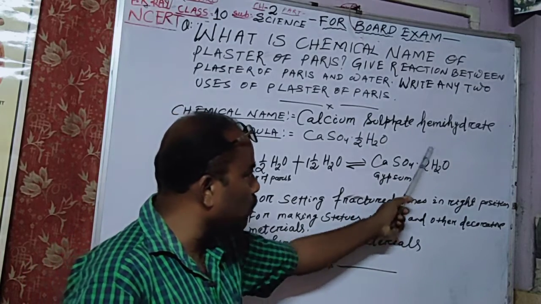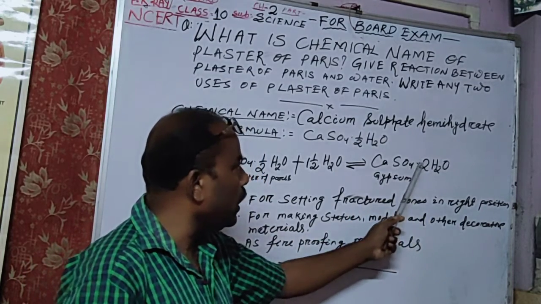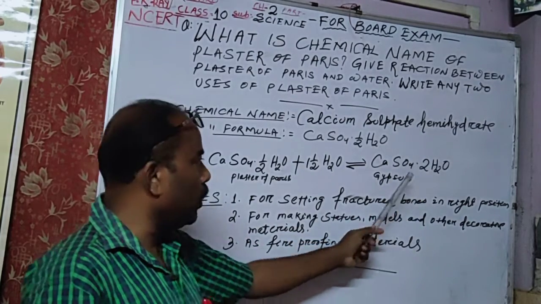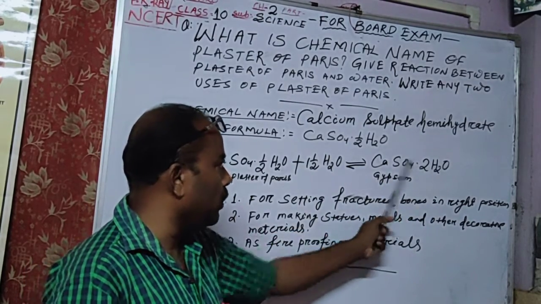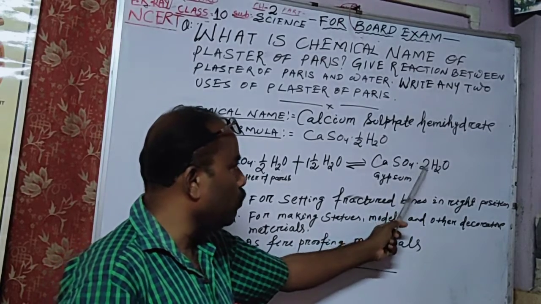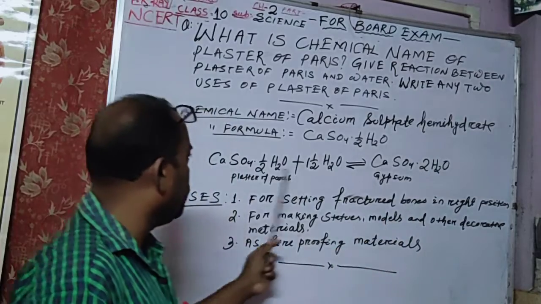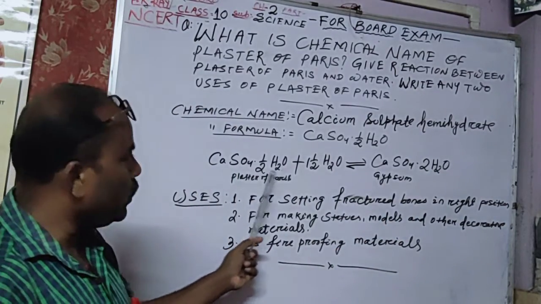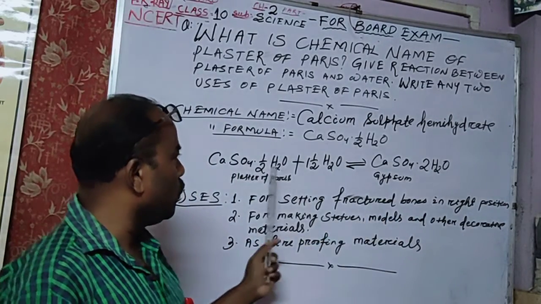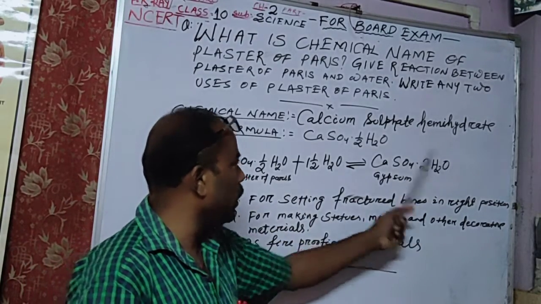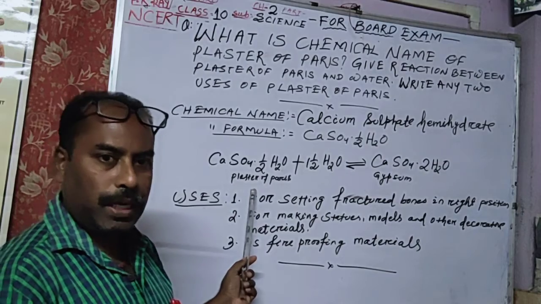From 2H2O, 1.5 H2O will be evaporated, will be lost. Then what will be left? Half H2O will be left. That is, CaSO4 dot 2H2O will now become CaSO4 dot 1 by 2 H2O, which is half H2O. That will be called plaster of Paris. So it is called a reversible process. When we add water, it becomes gypsum. When gypsum is heated, it becomes plaster of Paris.